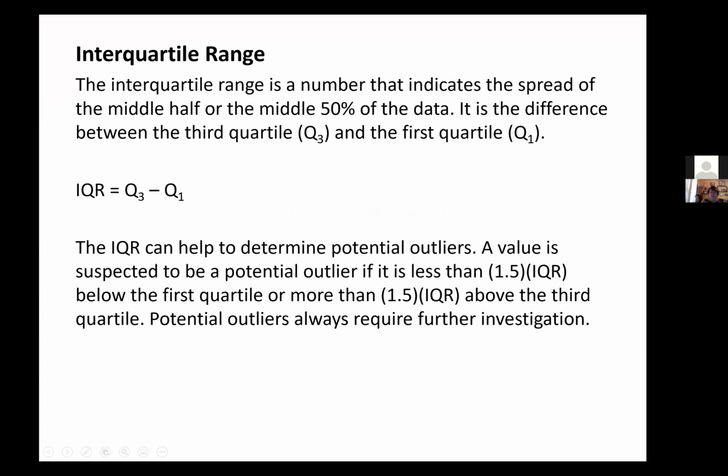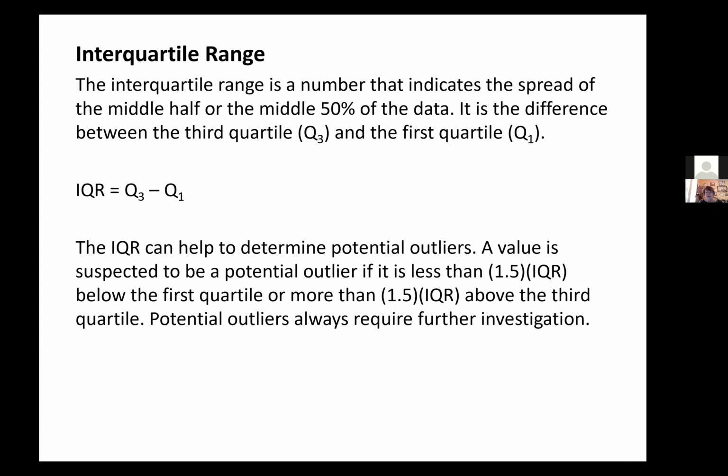So the interquartile range is a number that indicates the spread of the middle half or the middle 50% of your data. It's the difference in the third quartile and the first quartile. Now, if the second quartile is the median, or the number that splits your data into halves, the first quartile is the number that splits the first half of your data into halves. Or it's the first quarter of your data is below that number and 3/4 of your data is above it.